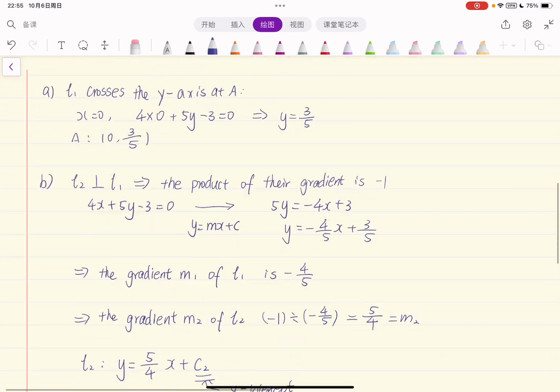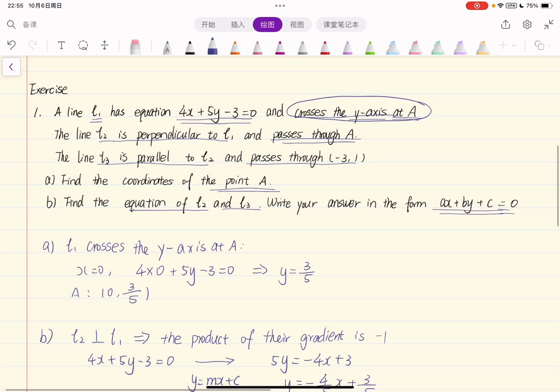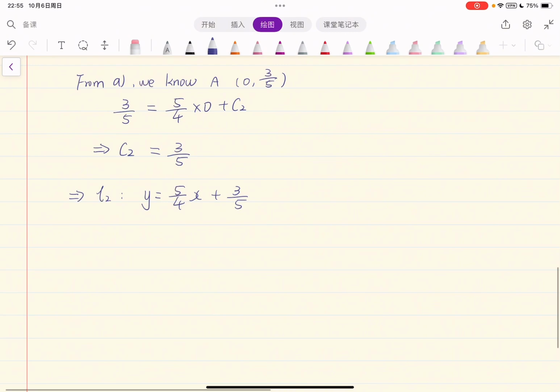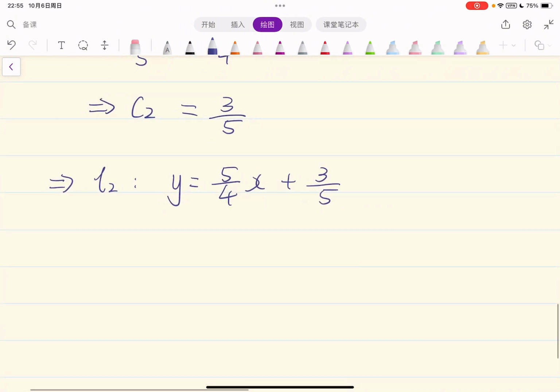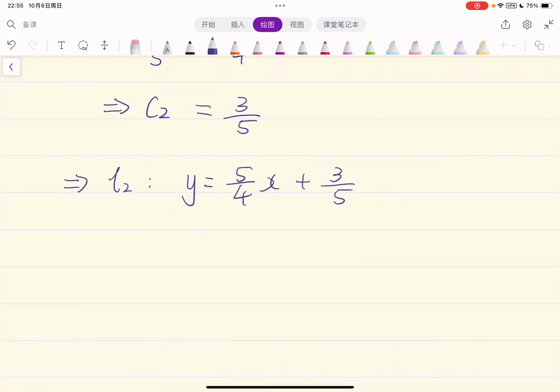The question asks you to write your answer in the form ax plus by plus c equals 0. Then we need to multiply both sides by 20, the lowest common multiple.